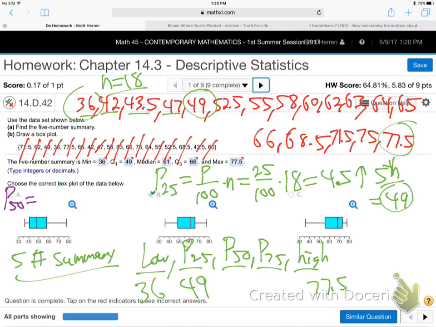So P50, over 100 times N is 50 over 100 times N, which is still 18 numbers.